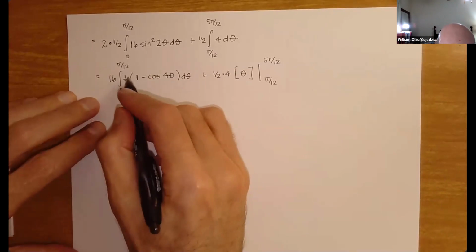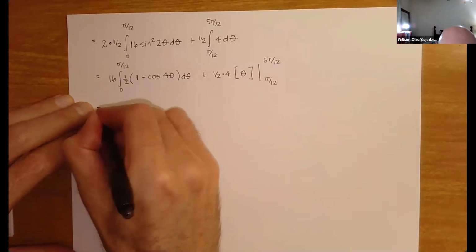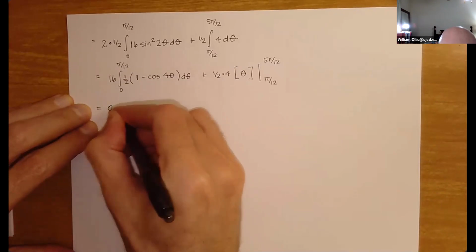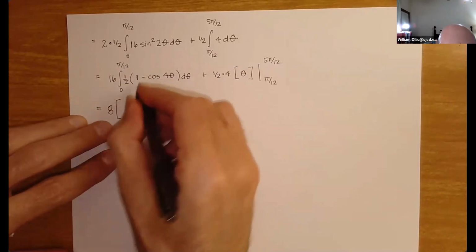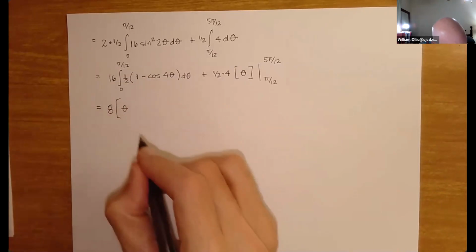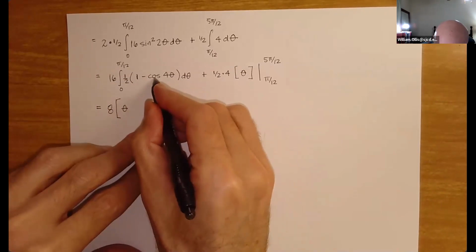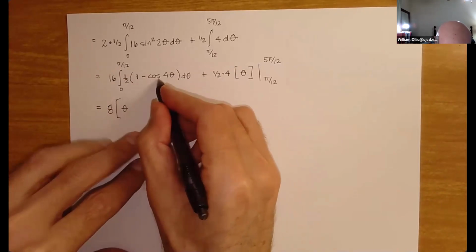So now we've got the 1/2, so this is going to be an 8. Now when we anti-differentiate, we get a theta. And of course, the antiderivative of cosine is the positive sine.